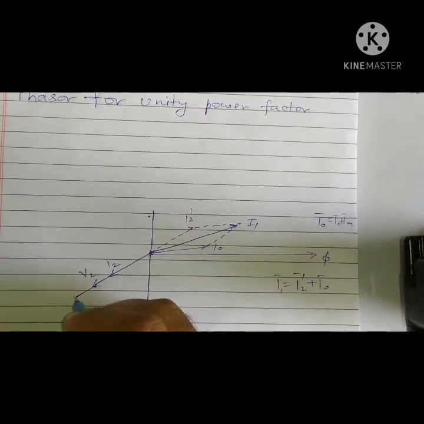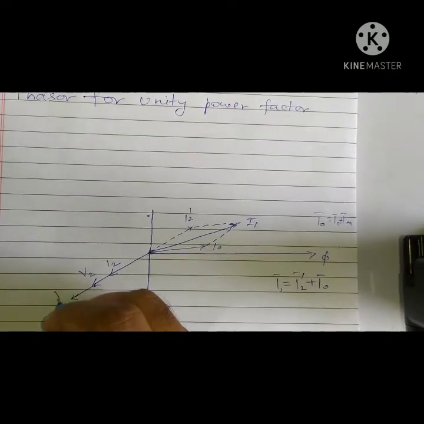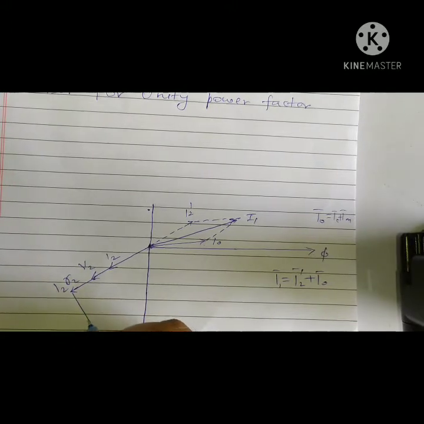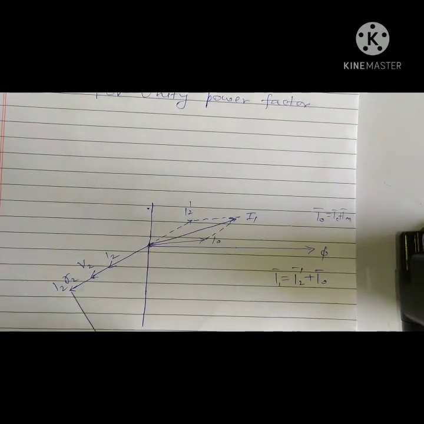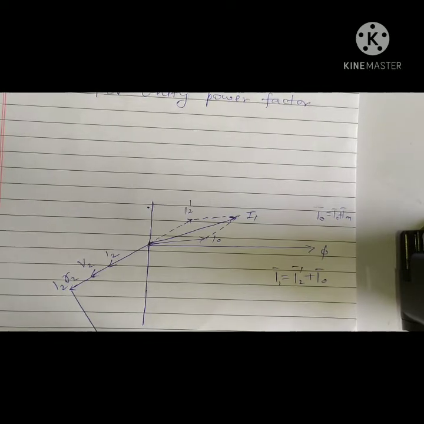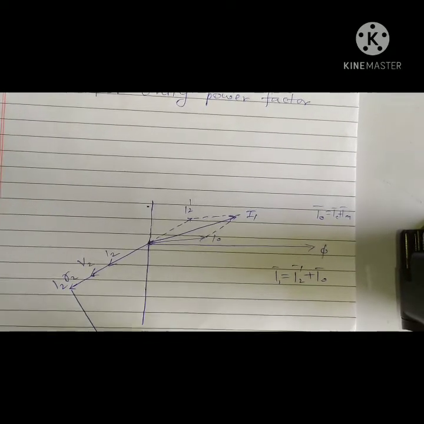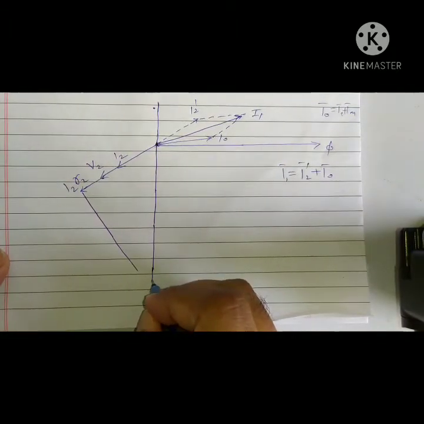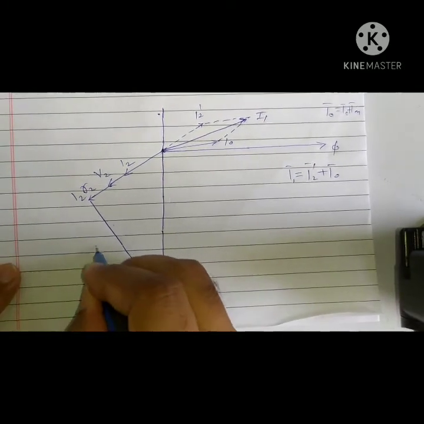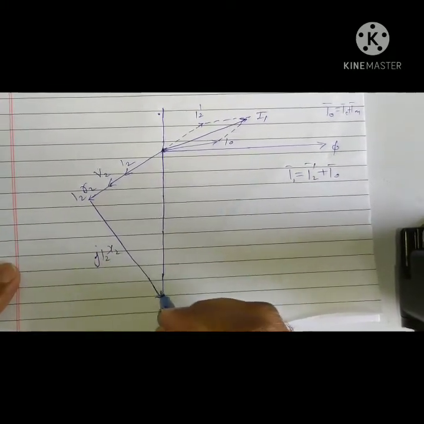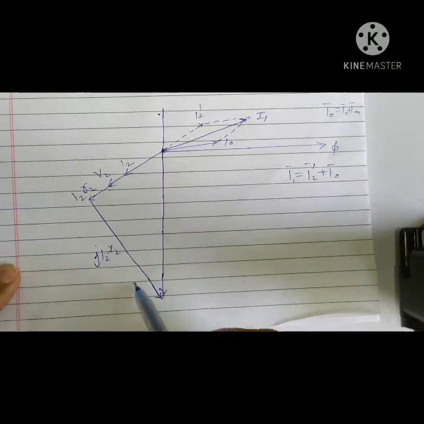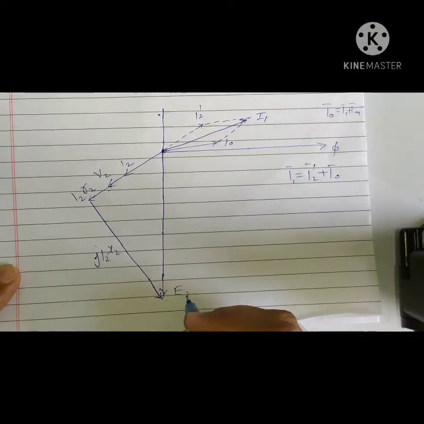Say this is I2 R2, and I2 X2 will lead I2 by an angle of 90 degrees. So this is j I2 X2, and this value, V2 plus I2 R2 plus j I2 X2, is E2.